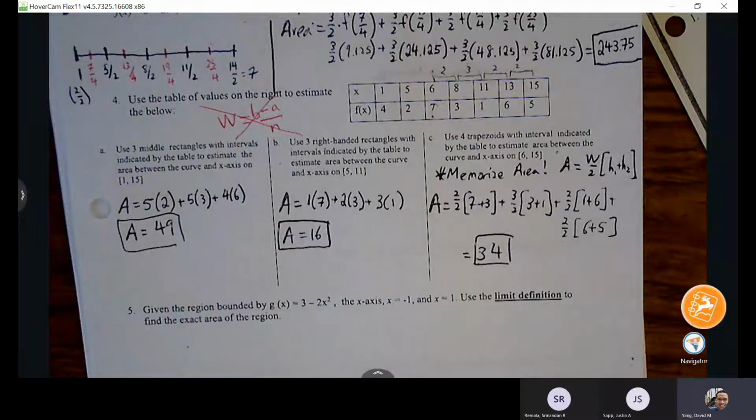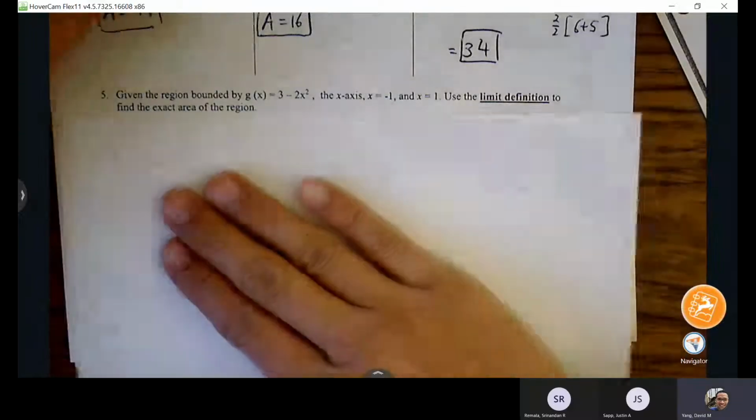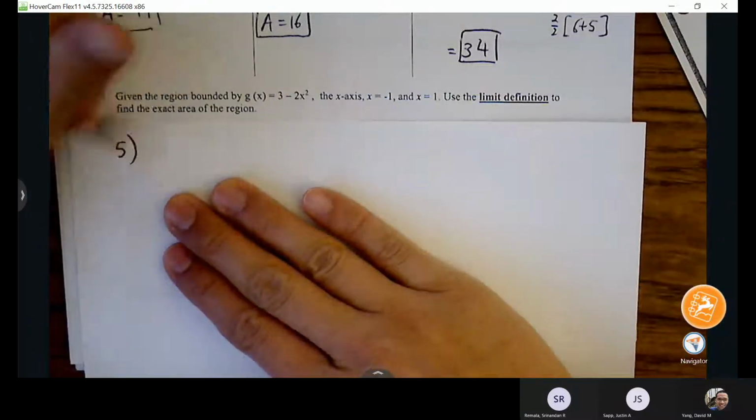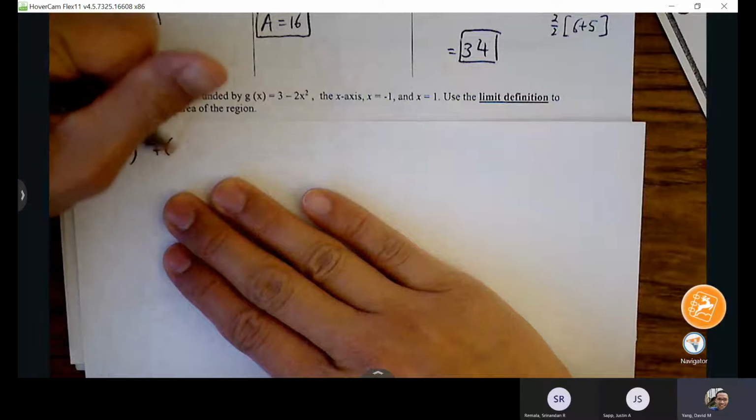All right, number 5. Area definition. Let me write that out. I'm going to call this f of x.